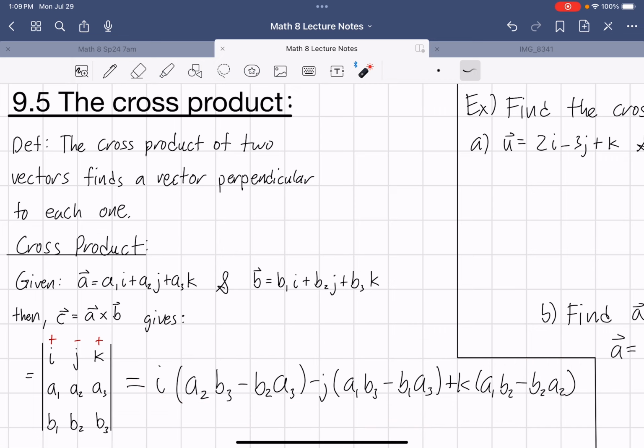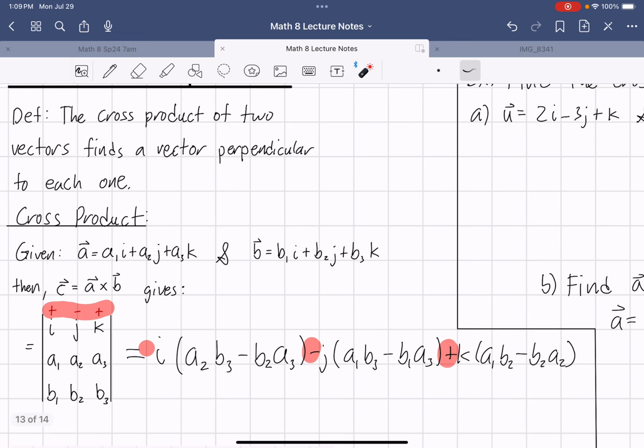Now there's a couple key things you have to watch out for. One is this plus or minus pattern, and that has to do with the signs that we have in each one of these terms. So the way it works, we essentially are doing what you would call the determinant of a 3x3 matrix, but we don't call that here. We call it the cross product.